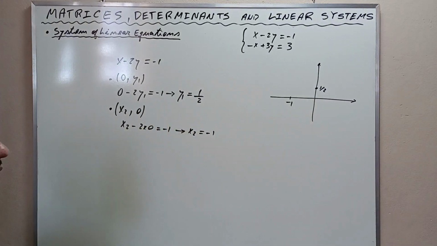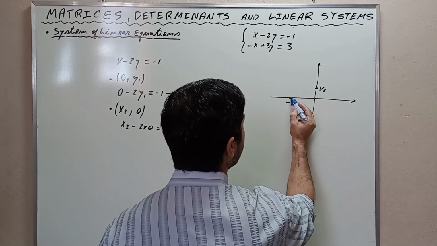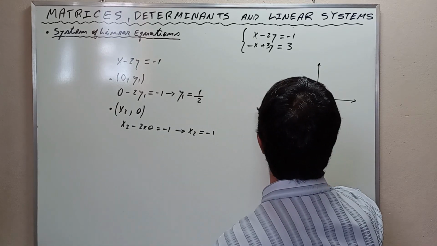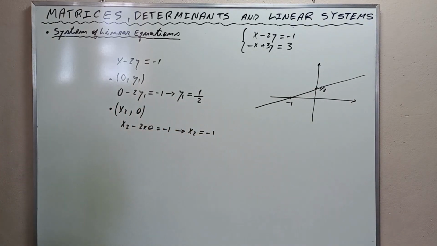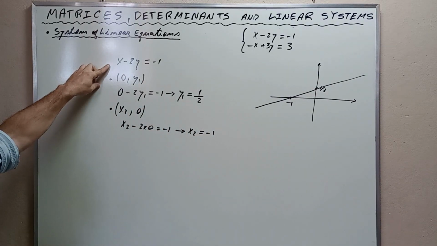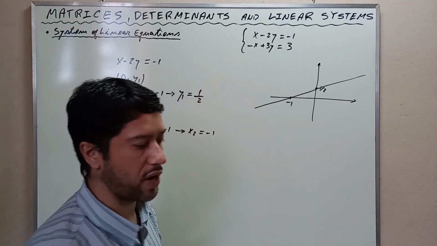In this way, the line will be, okay. This is the graph of this equation here. Let's do the same for the second equation.